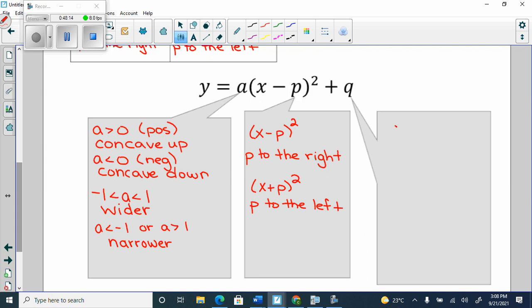If q is greater than 0 or positive, I move q up. If q is less than 0 or negative, I move q down.